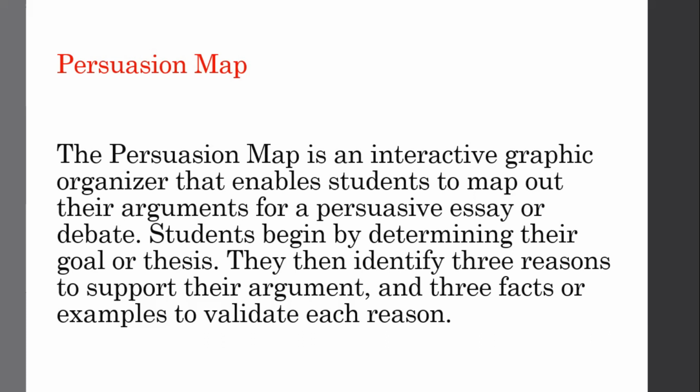The Persuasion Map is an interactive graphic organizer that enables students to map out their arguments for a persuasive essay or debate. Students begin by determining their goal or thesis. So they then identify three reasons to support their argument and three facts or examples to validate each reason.